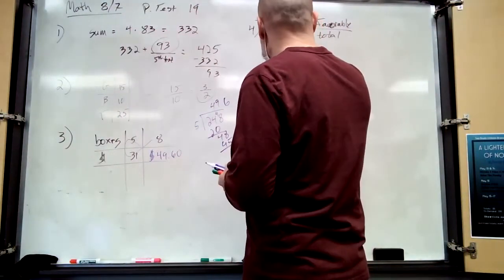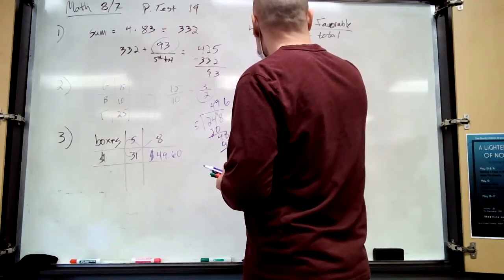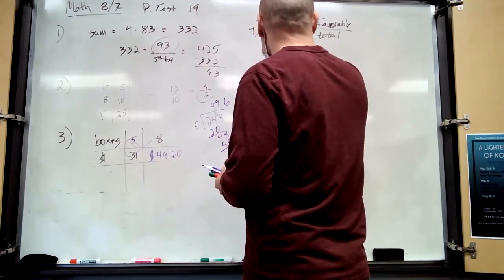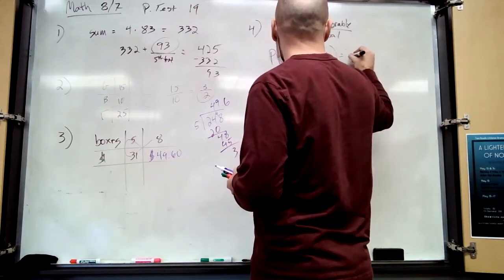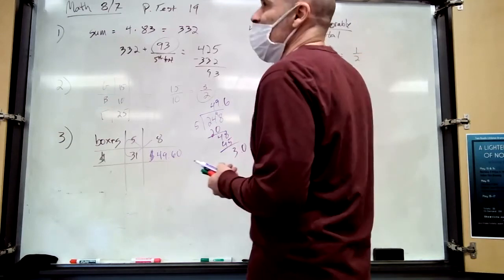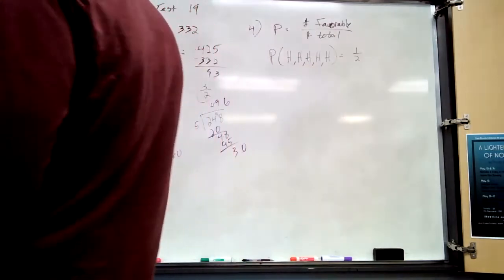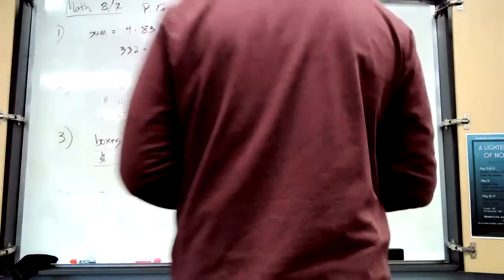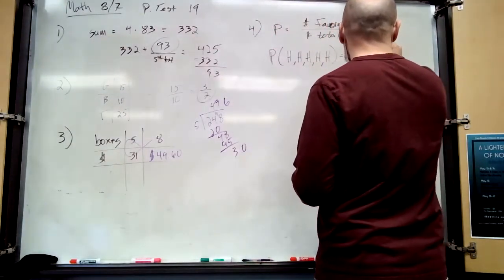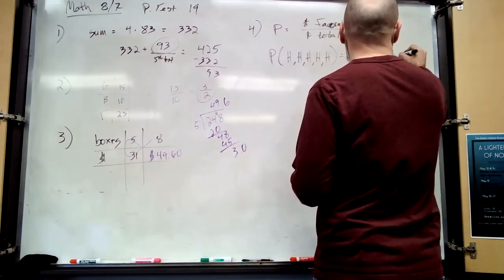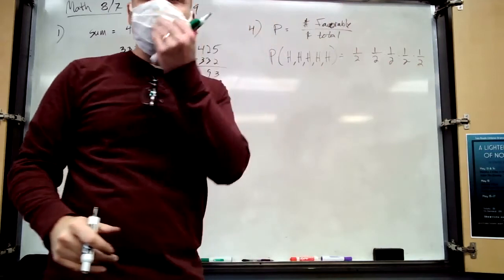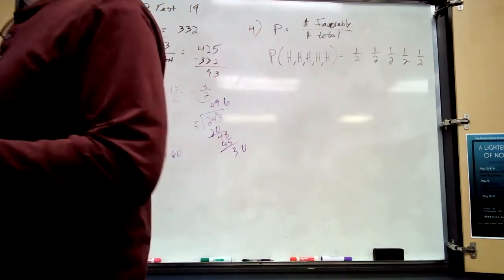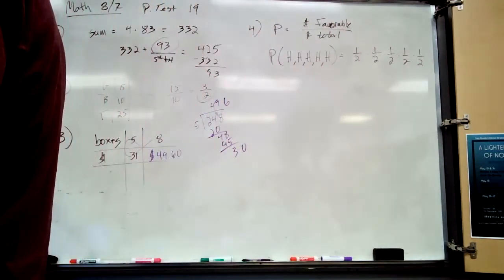Well, when you do that, it's heads times heads times heads times heads times heads. So this is 1/2 times 1/2 times 1/2 times 1/2 times 1/2. So 5 of those multiplied together. You have to do each individual probability. Okay?